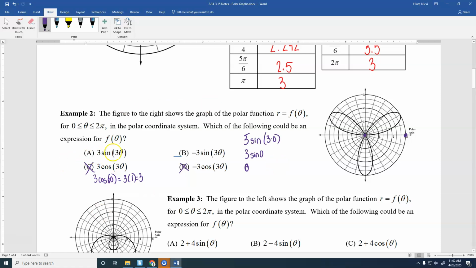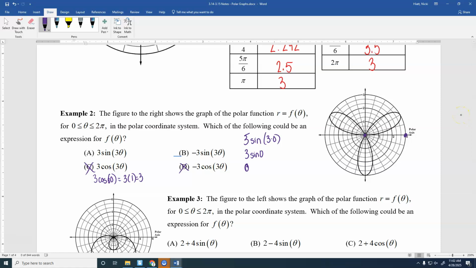But answer choice B is still an option because I've got that negative 3. I'm still going to be multiplying it by 0, so it's going to still give me 0. So try another point. I would go with probably pi over 6 right here.